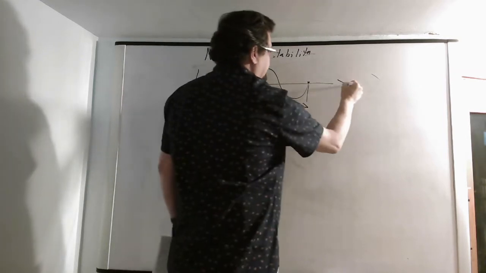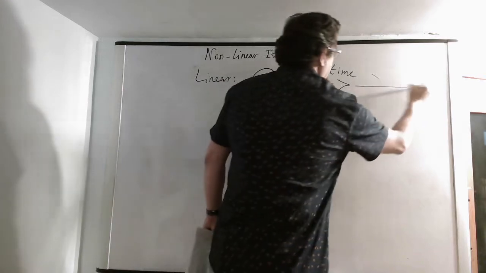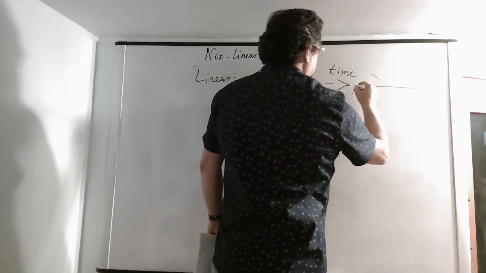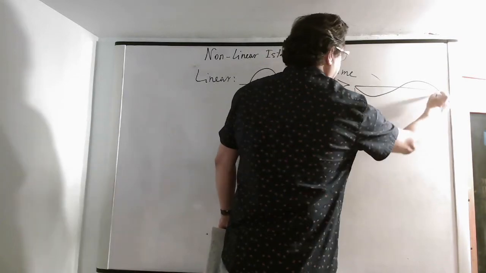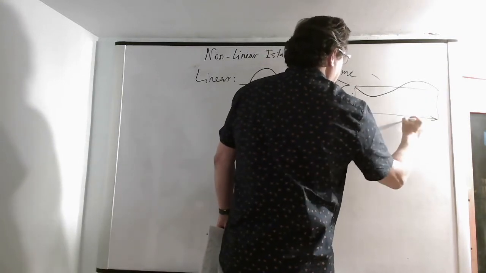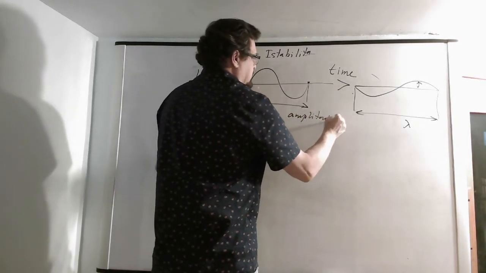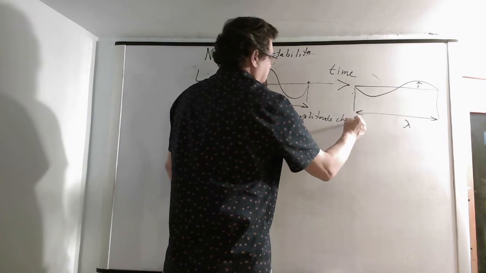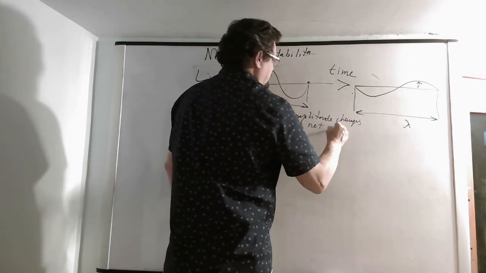So as time goes, as the time of integration goes, it still will be a harmonic with wavelength lambda, and maybe the amplitude will change. So the amplitude changes, but not the wave number or wavelength.